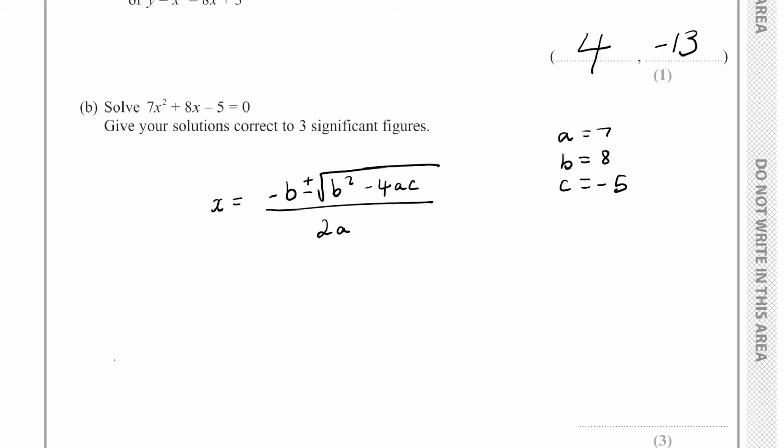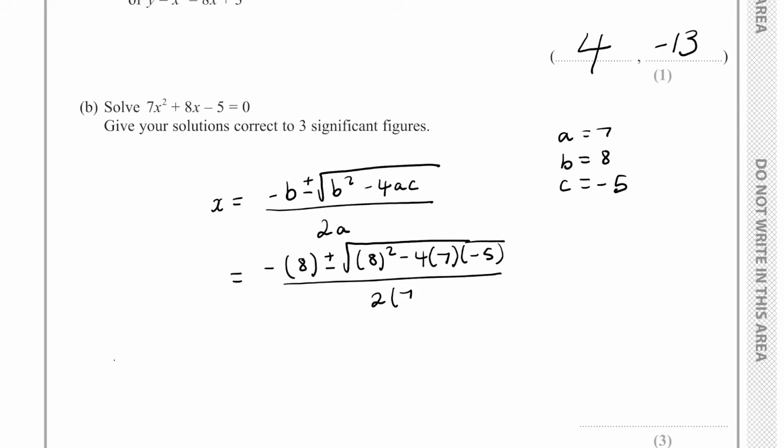So 7, 8, negative 5. So let's substitute them in. So we're going to get minus 8 plus or minus the square root of 8 squared minus 4 times 7 times negative 5 all over 2 7s.